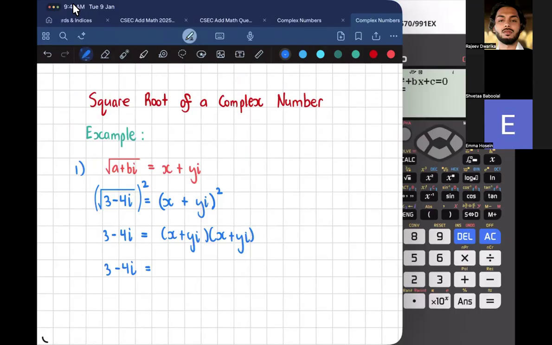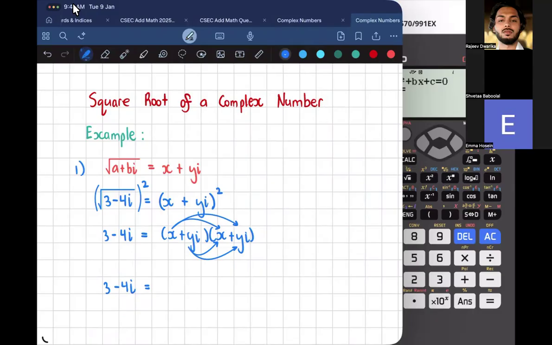So Shweta, if I were to expand that out, that'll be x by x, and x by yi, and then yi by x, then yi by yi. When it's y squared with the i squared, it'll be minus y squared.